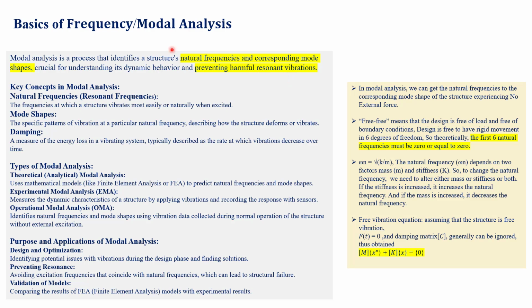Very important point. When it comes to the key concepts in modal analysis, the first one is the natural frequency. We call it the resonant frequency as well. Let's say I take a tuning fork: approximately 450 Hz is its natural frequency.